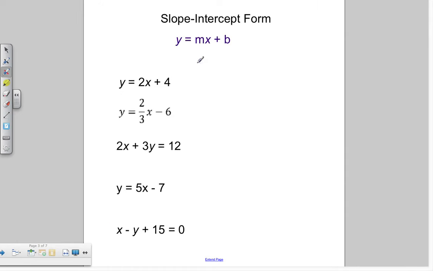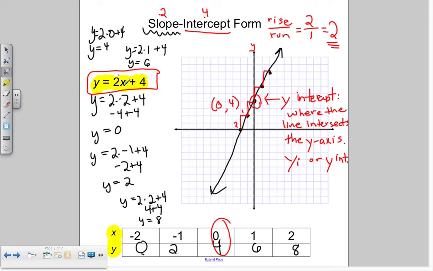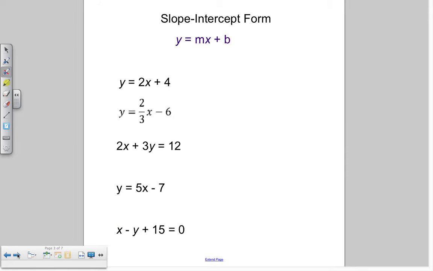Slope-intercept form. The way it looks is y = mx + b. If I go back for a moment, I had 2x + 4. Remember how this was my slope, this was my intercept.